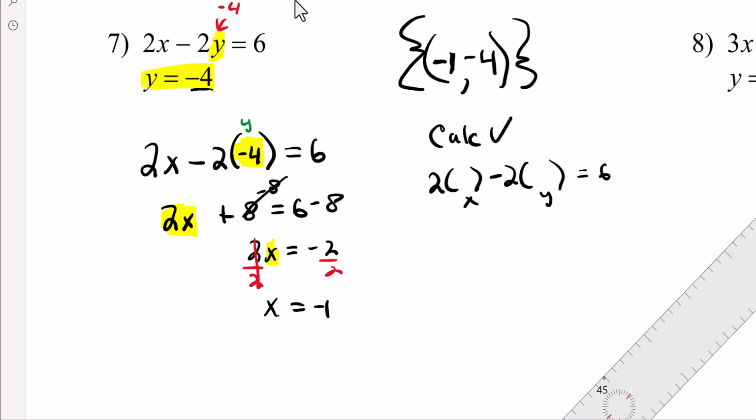And again, check your calculator, and when you hit enter, it's going to be 6. So it's 2 times the x, which is negative 1, subtract 2 times negative 4. Or if you want to do it in your head, 2 times negative 1 is negative 2. Negative times negative is positive 8. So negative 2 plus 8 does equal 6.